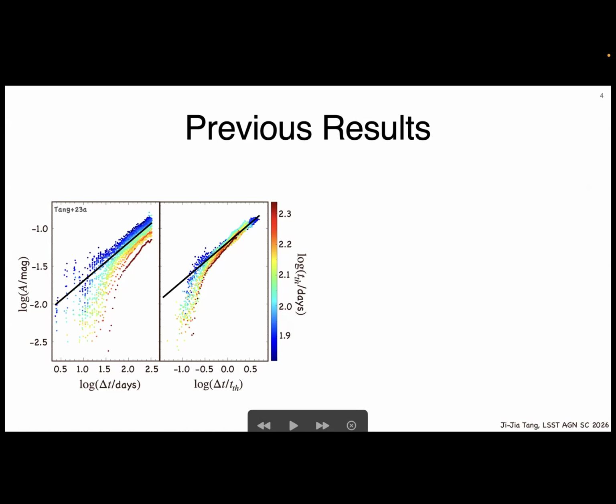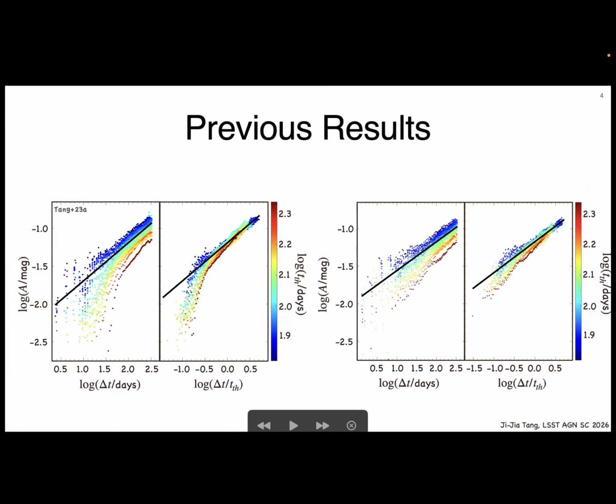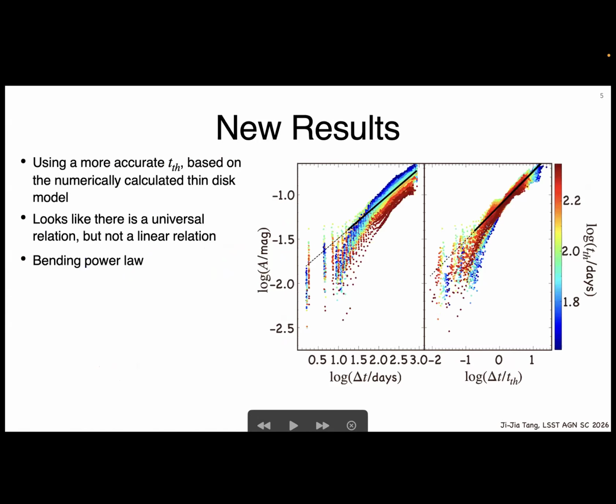However, we also saw amplitude suppression on the short time scale, and later we found that maybe that's due to oversubtraction of the noise. If we correct that, we see a much more linear relation. However, in this new data set, we found that this suppression in the short time scale reappears.